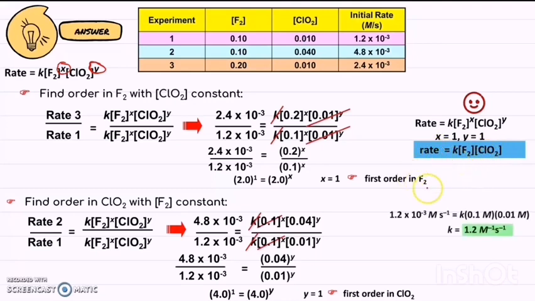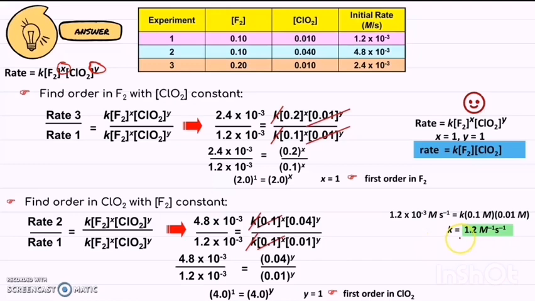Next, the question asks you to calculate the value of k. You can choose any experiment and substitute the values into the rate equation that we already have before. So in this calculation, I use experiment 1. So I will substitute the value of rate and the concentration of both reactants.